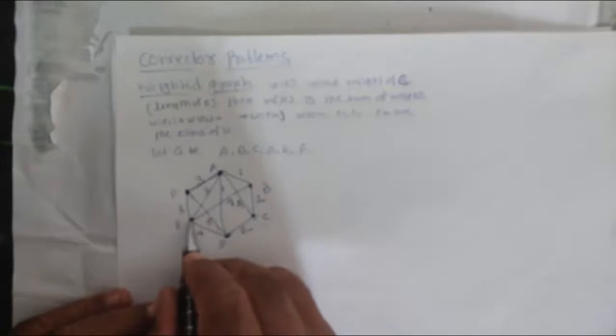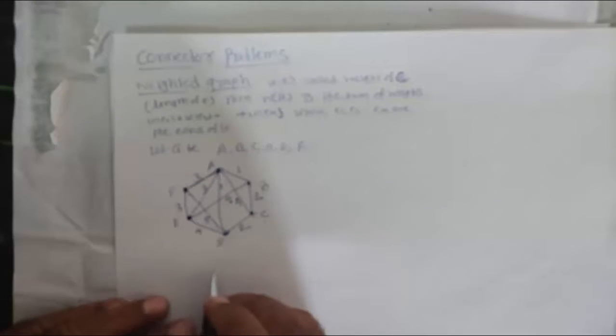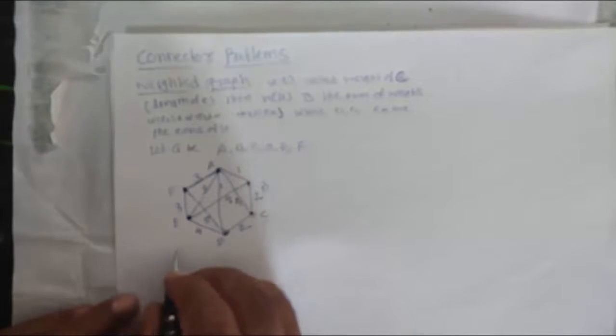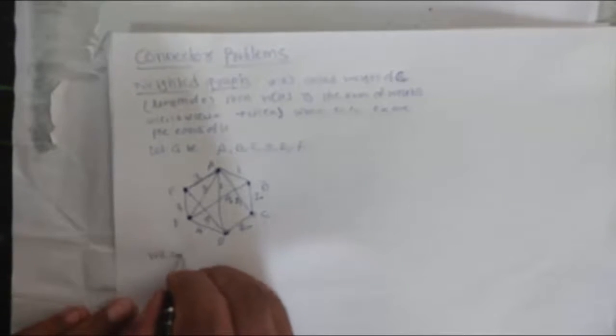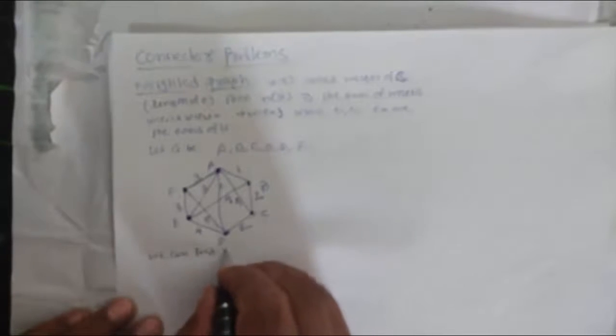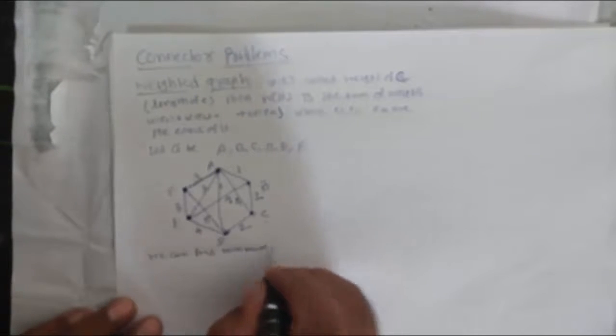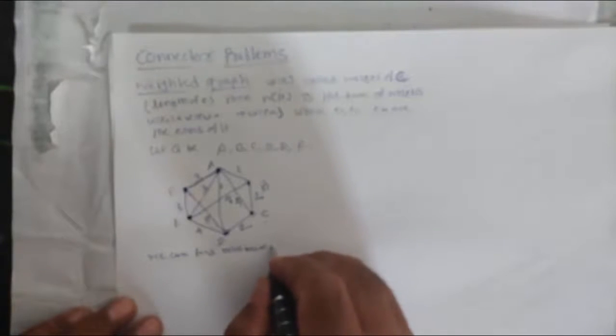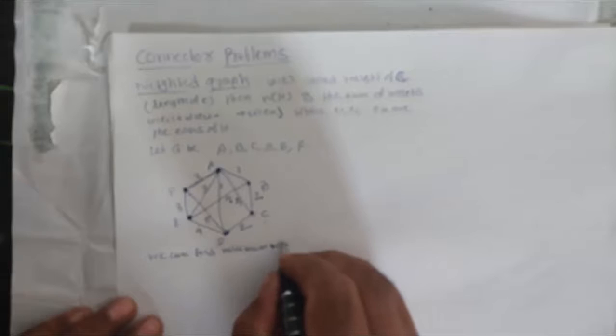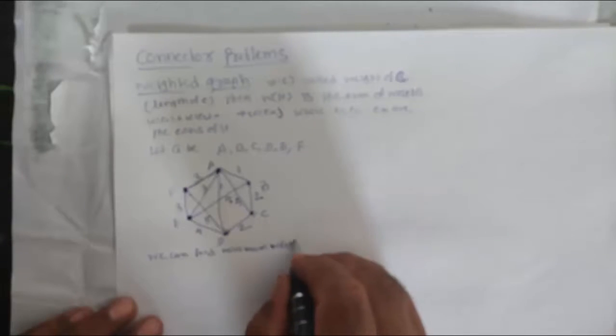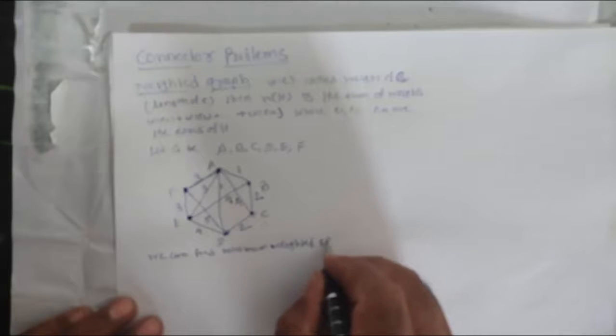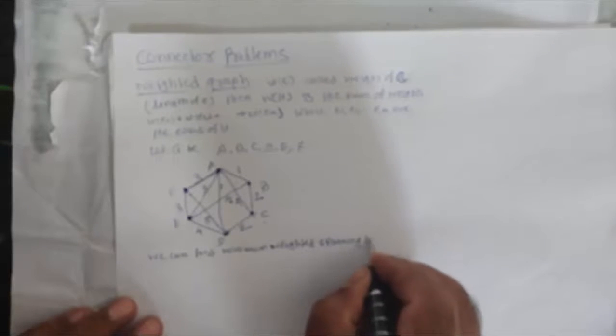Now this is a weighted graph. We can find a spanning tree from this graph, that means a minimum weighted spanning tree.